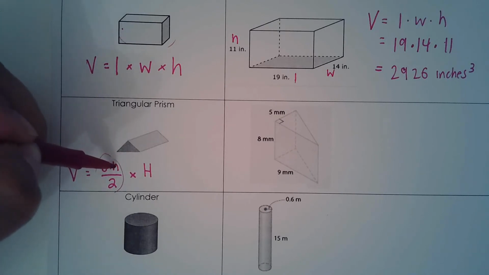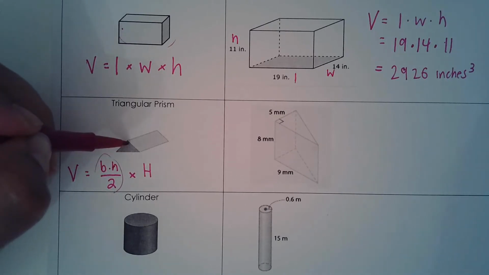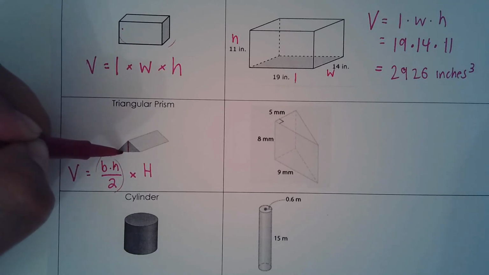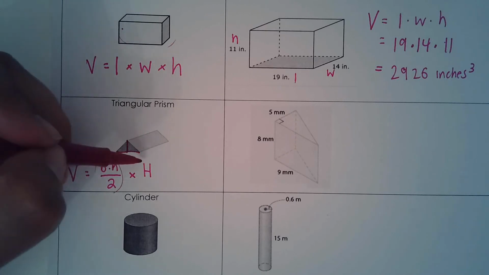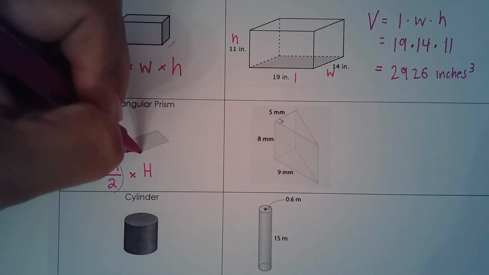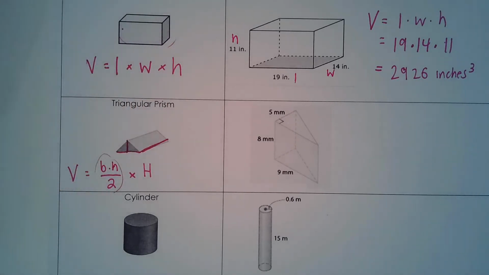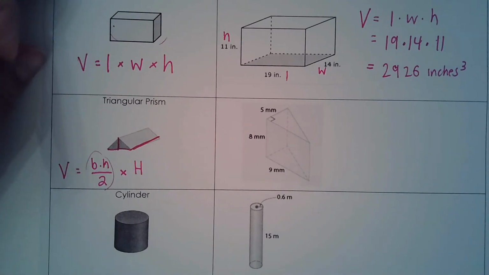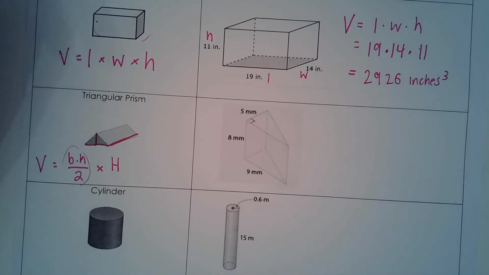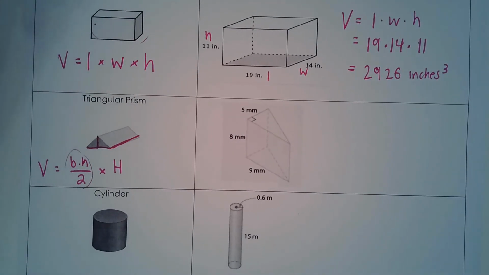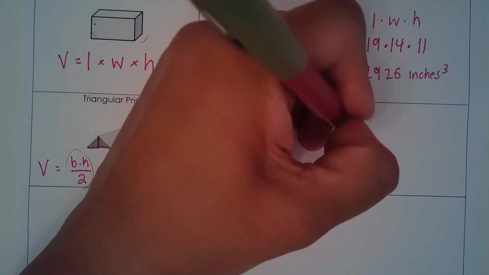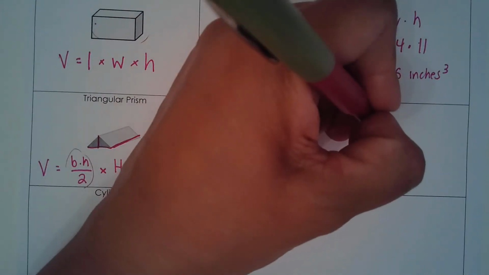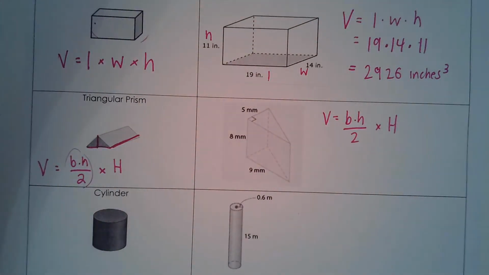The small h refers to the height of the triangle, so we would go base times height divided by 2. And the big H refers to the height of the prism. Okay, so looking at this example on the right here, we have volume equals base times height over 2 times the height of the prism.